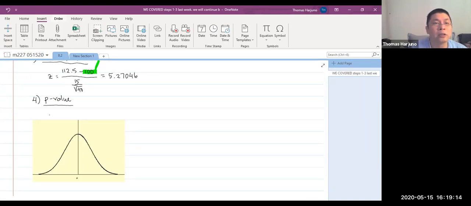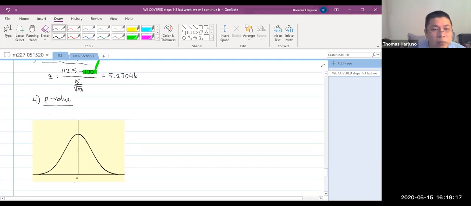Based on the assumption that mu is 100, the probability that the sample mean to be 112.5 or more extreme is what? That's what we want to find out. Well, that's the p-value. The area here is what we call the p-value, assuming the mean is actually 100.